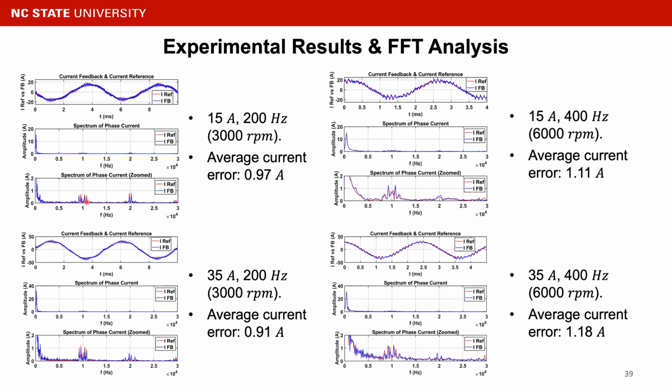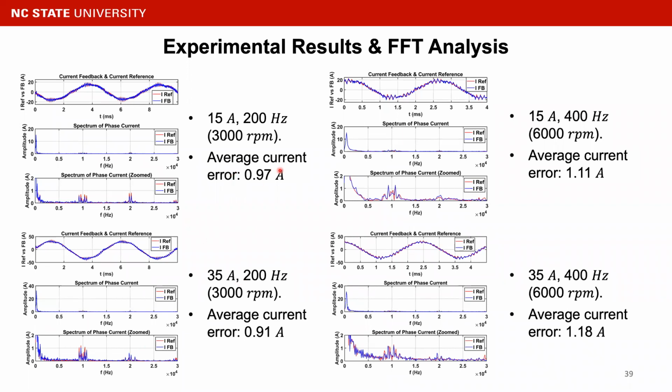And also in the FFT analysis, the peaks in current feedback match pretty well with the peaks in current reference, which validates our theoretical analysis of 20 kilohertz switching and 20 kilohertz control bandwidth.